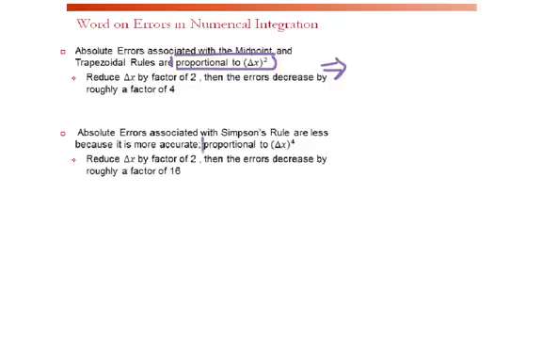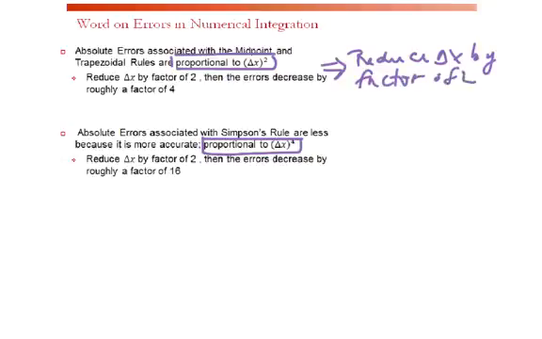So that is proportional to delta x to the 4th. Let me quickly summarize that. You're going to reduce delta x by a factor of 2, and that is going to result in the errors decreasing by a factor of 4.